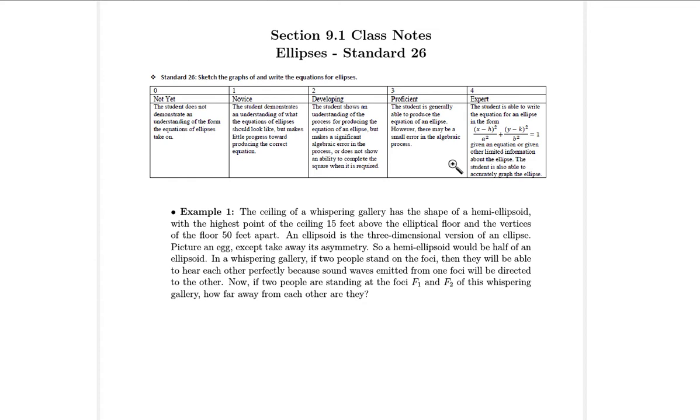Because remember that when we have an ellipse, and let me draw one real sloppily here, you create it by doing this, right?